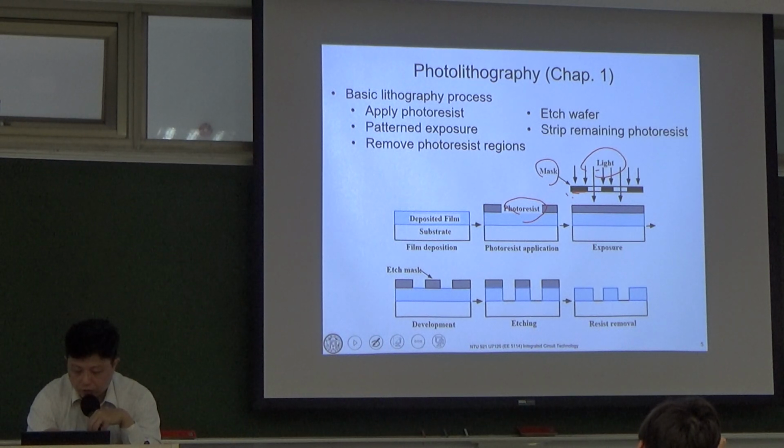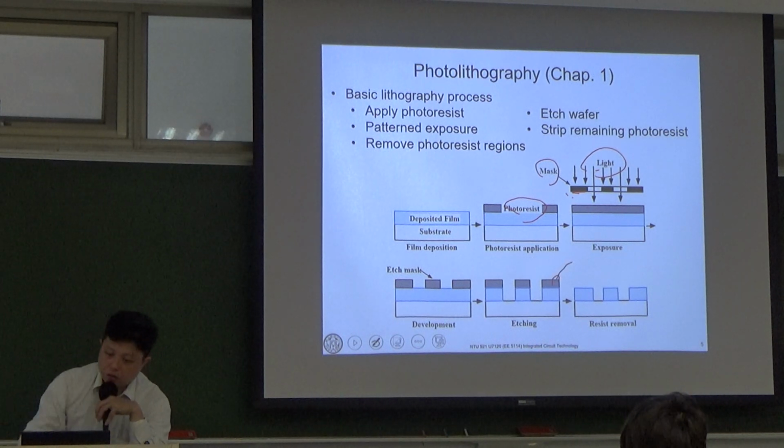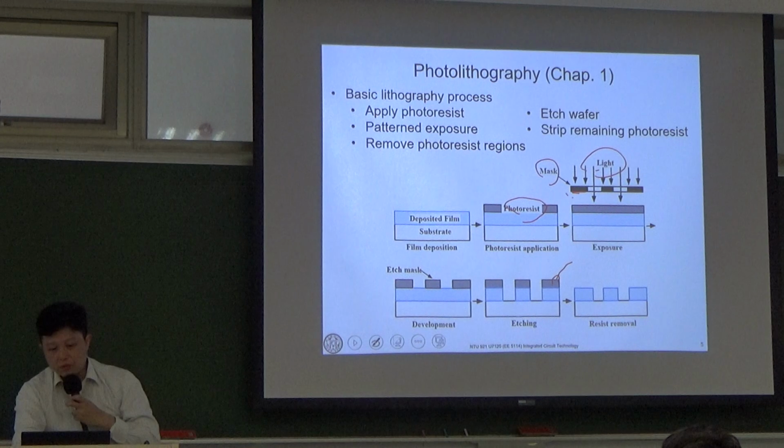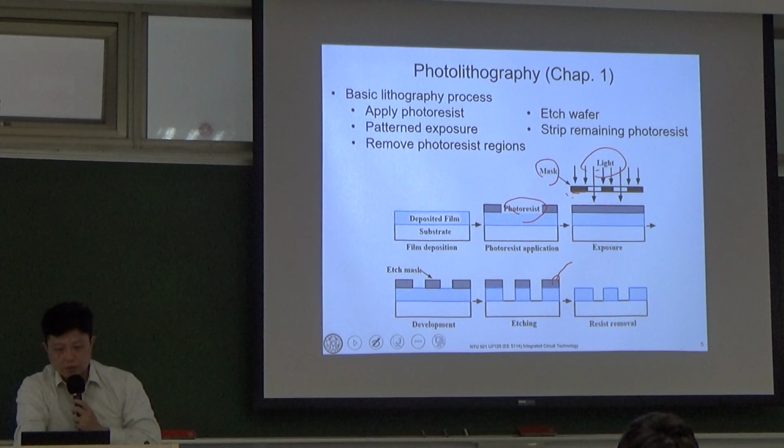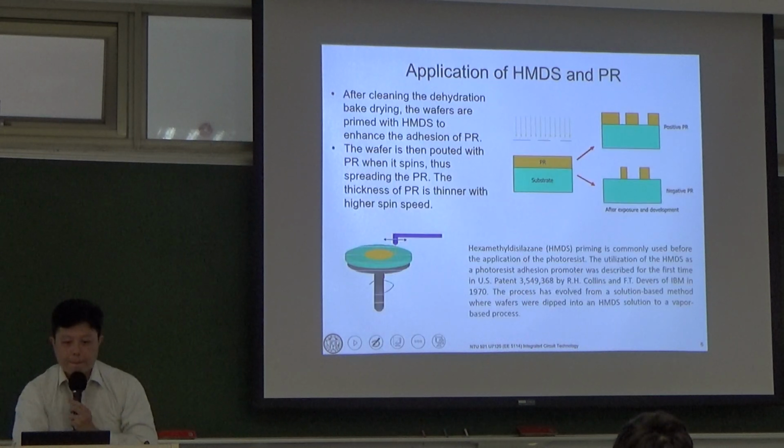And then you use this photoresist to do the following process, either etching or metal. And once you finish the following process, you can remove this photoresist. Okay, so that's the whole basic litho process.